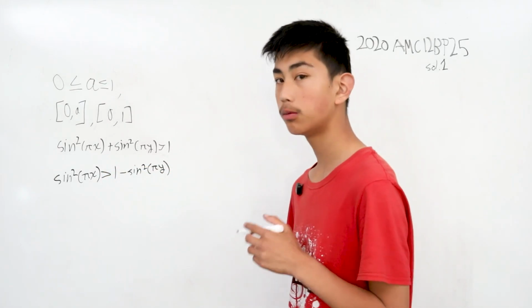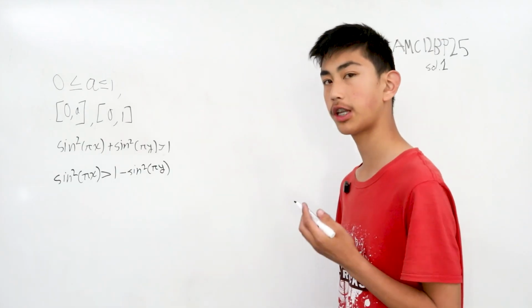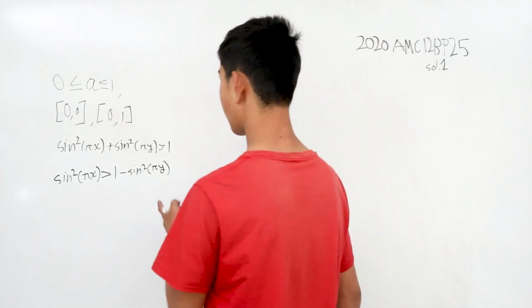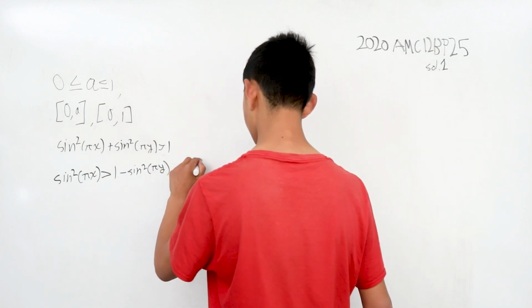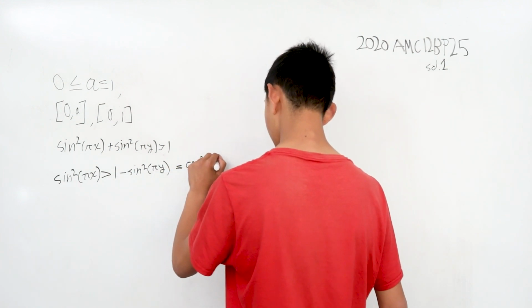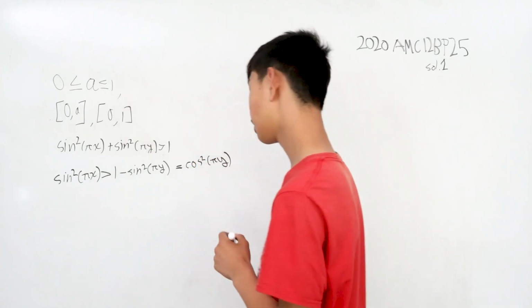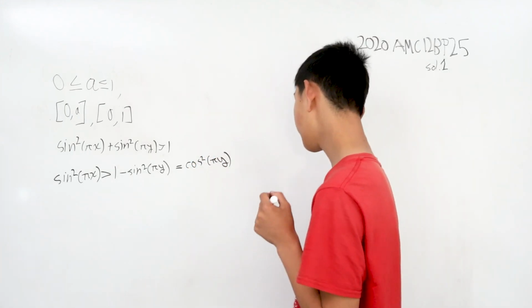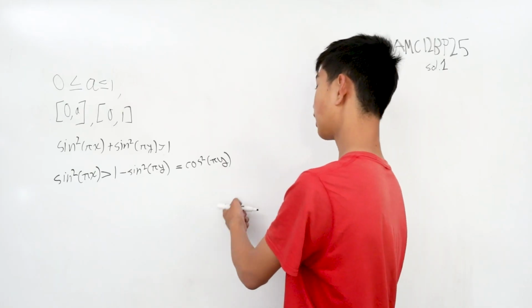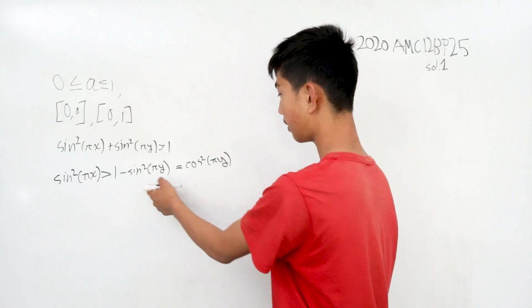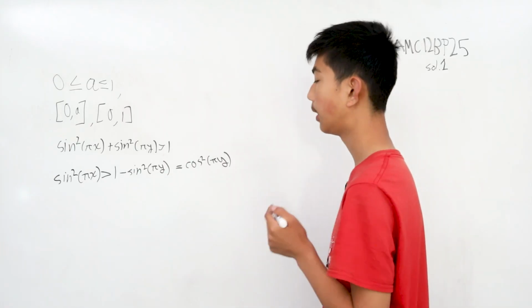And we already know from basic trigonometric identities that the right side has to be equal to cos²(πy), because on the unit circle, cosine squared of whatever is inside plus sine squared of whatever is inside is equal to 1.